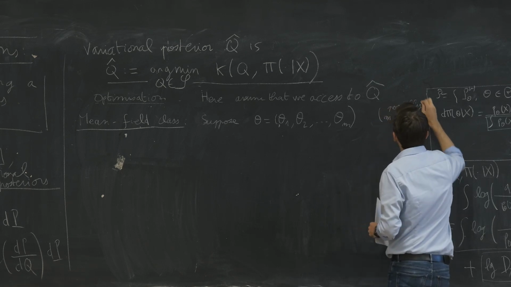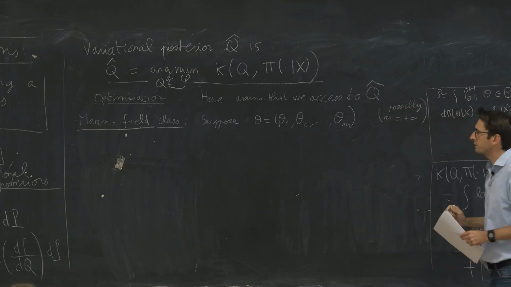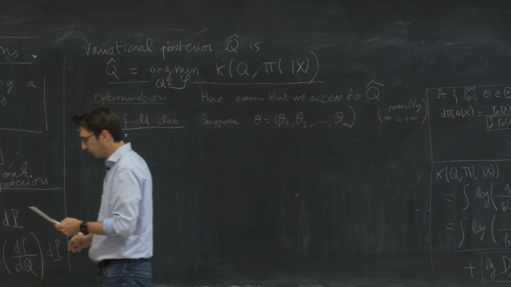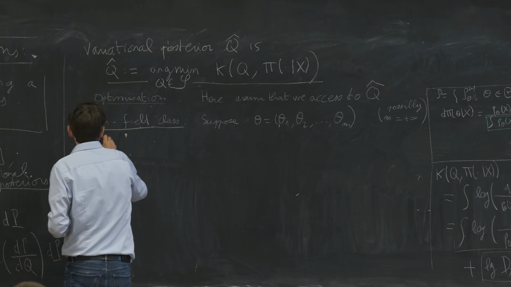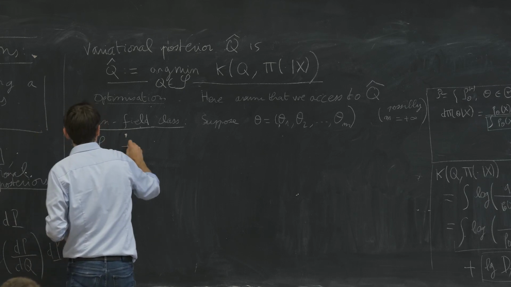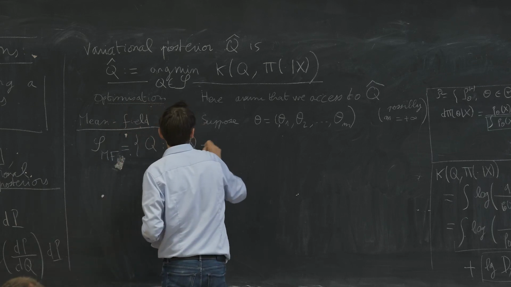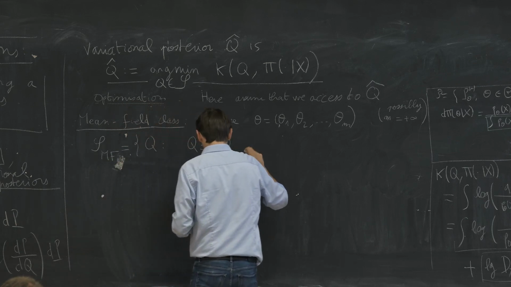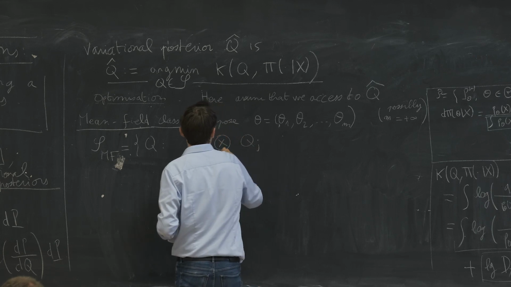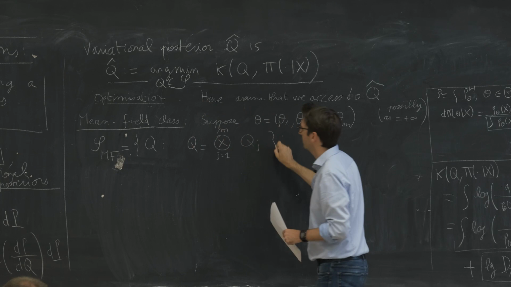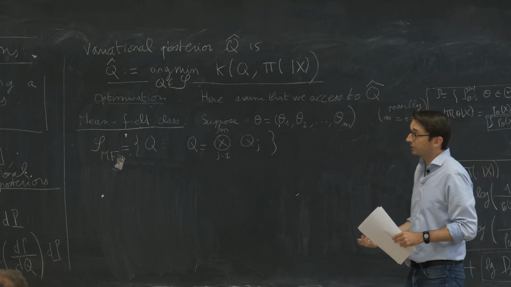In the context of sequences, for instance, I have just one countable sequence. So the mean field class is the class of Q's such that Q is a product. So I approximate the posterior by distributions which are products.